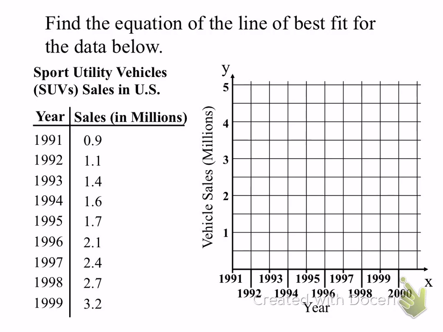If I plot the data, basically, if I'm a car manufacturer, I can try to predict how many I'm going to need for the year 2001. Does that make sense?